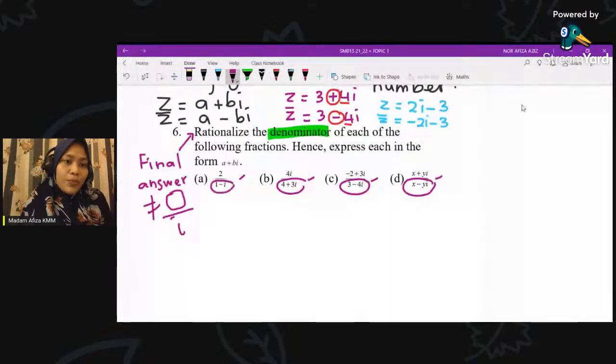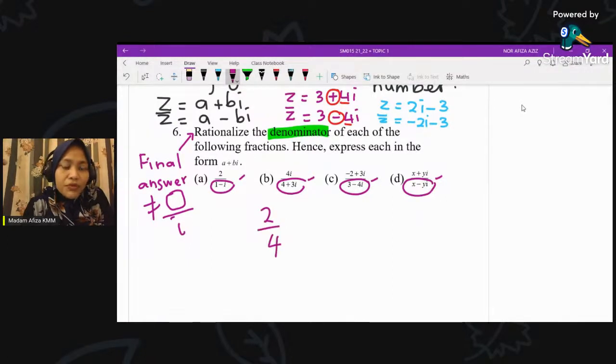So during the calculation, you might have this situation where you have I in the denominator. So you need to simplify and rationalize it so that you can get a complete answer. Say for example, I have final answer 2 over 4. We cannot leave this as our final answer because we can simplify it again to be 1 over 2.